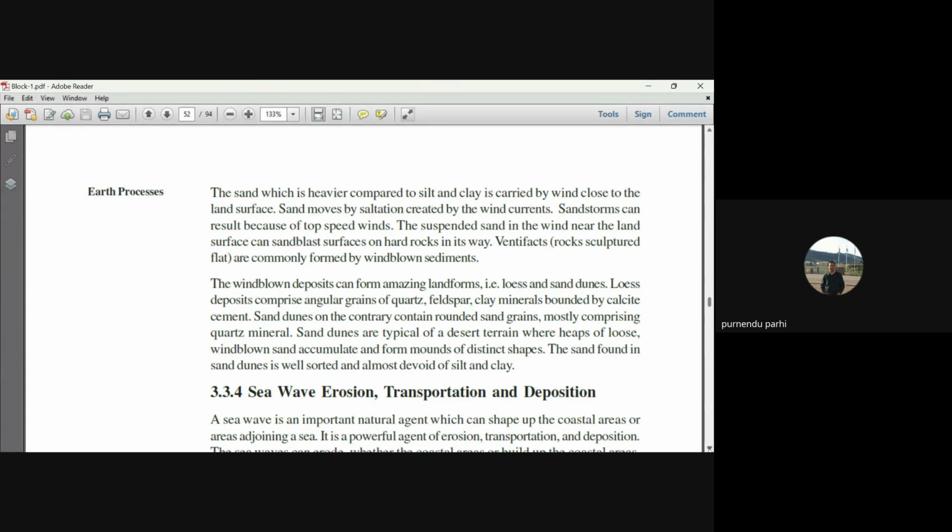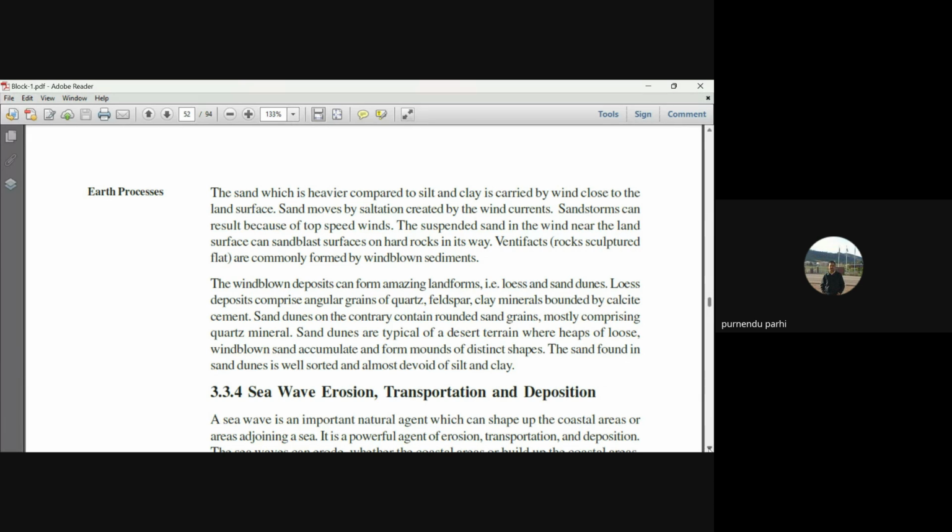Sand dunes are typical of a desert terrain where heaps of loose, wind-blown sand accumulate and form mounds of distinct shapes. The sand found in sand dunes is well sorted and almost devoid of silt and clay.